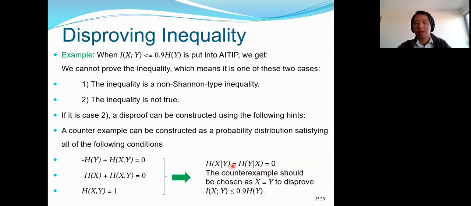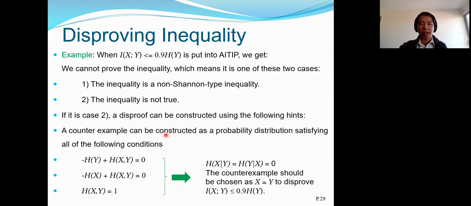And in this case, you can see that basically we can just let X equal to Y. Then I(X;Y) is basically equal to the entropy of Y. So it must be larger than 0.9 times the entropy of Y, as long as the entropy of this random variable is larger than 0.